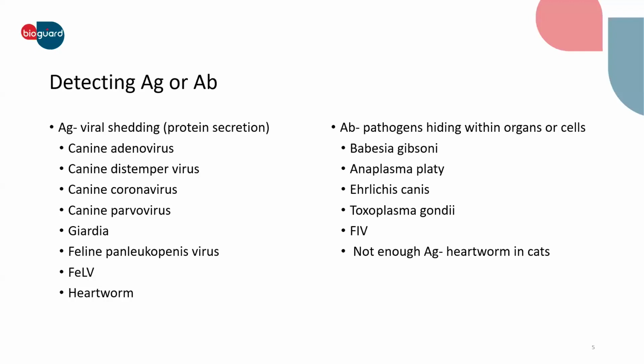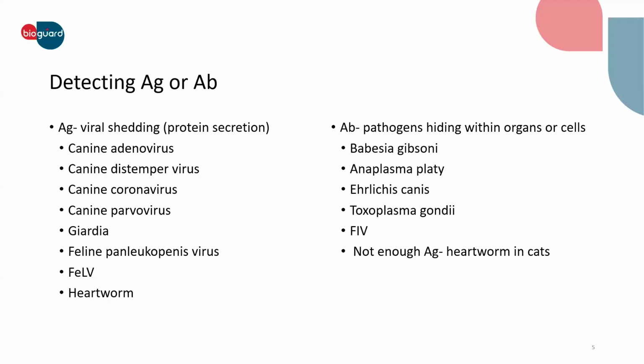Since most countries don't allow FIV vaccination, detecting FIV antibody usually means infection with FIV. Or sometimes, like heartworm in cats, because unlike the heartworm in dogs, where there are lots of adult heartworms in the dog.